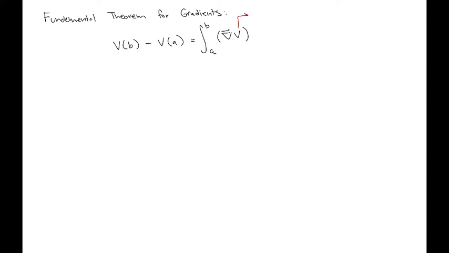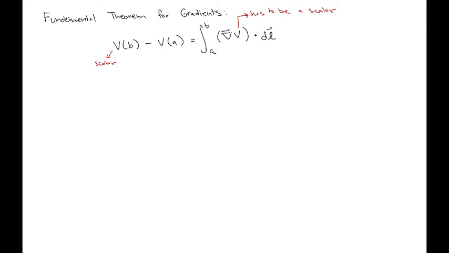This has to be a scalar, and these are also scalars, by the way. So one way to think about this is that the difference in value at the endpoints is the same as summing little steps on a path.